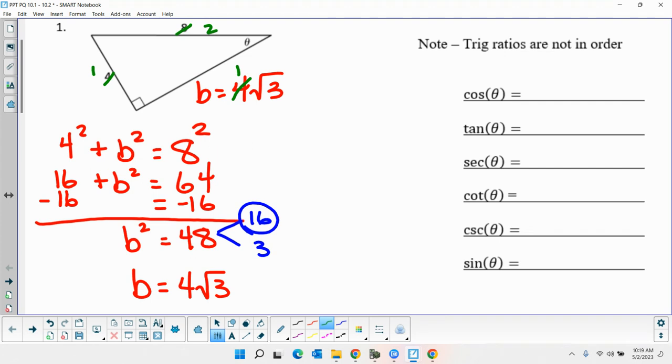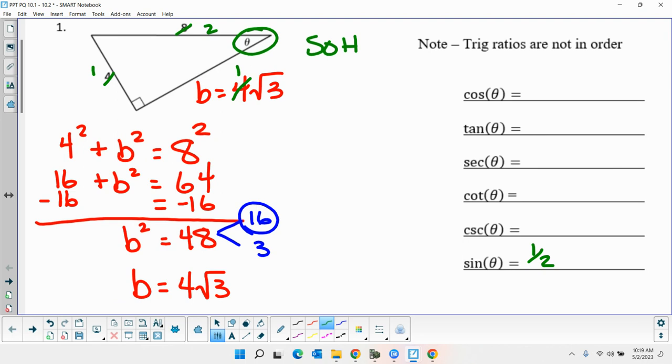Okay? Now we're just going to do our SOHCAHTOA stuff. All right? Now remember, here's theta. So this is where we're starting from. Opposite for sine. Opposite 1, hypotenuse is 2, sine's down here. Okay? I like to go in order of how I've learned it.